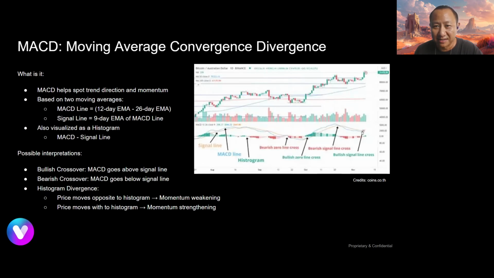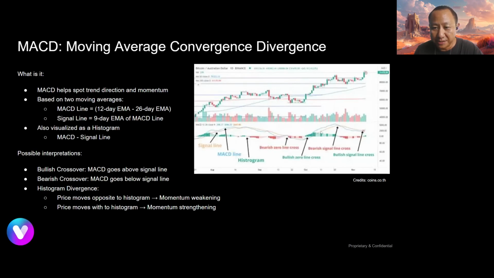It means that a lot of buyers are coming back into the market. And conversely, when the MACD line goes below the signal line, so we see it here, the blue line going under the yellow line, that's a bearish signal, right? Bearish cross. All right, so that's a very common way to interpret the two lines on the MACD.